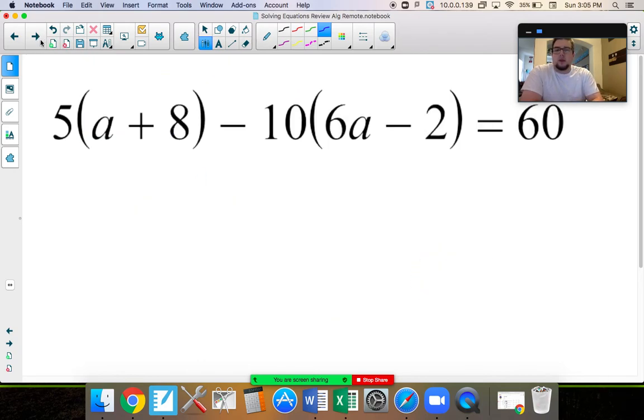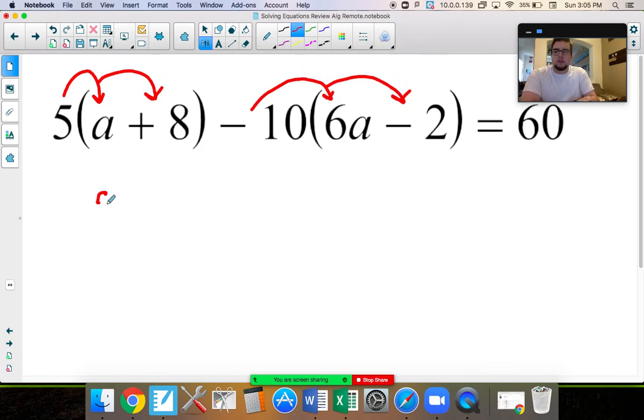So maybe we have a problem with two distributive properties. We can deal with that. We distribute these two numbers, so I get 5a plus 40. Distribute the negative 10, not just the 10, negative 10, to get negative 60a plus 20 equals 60.